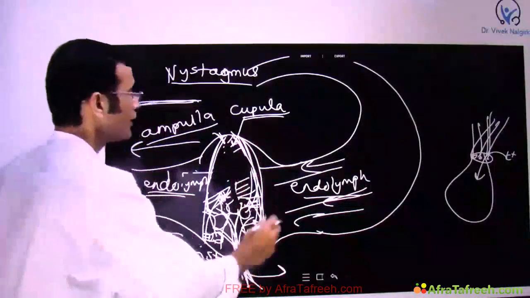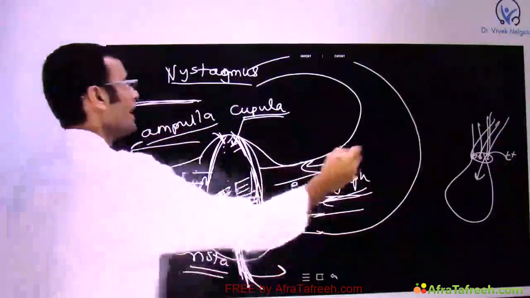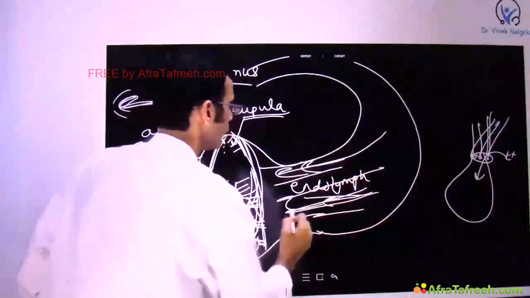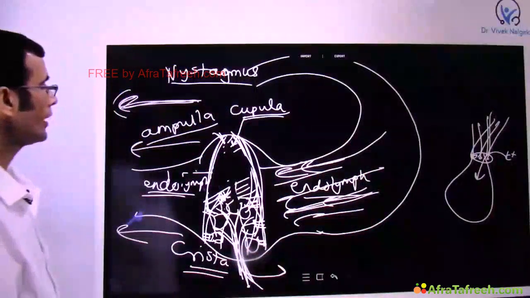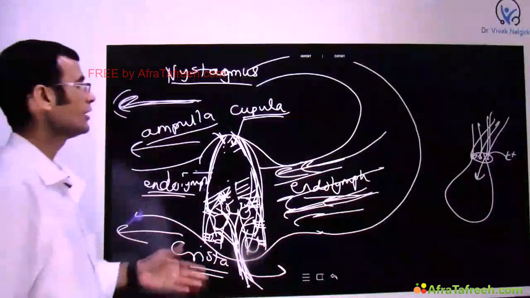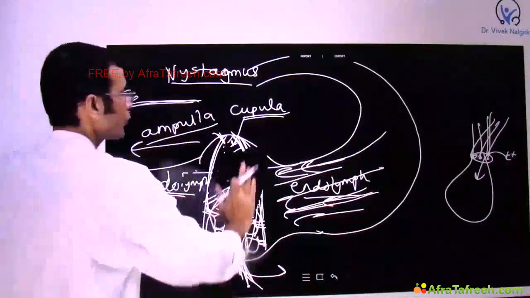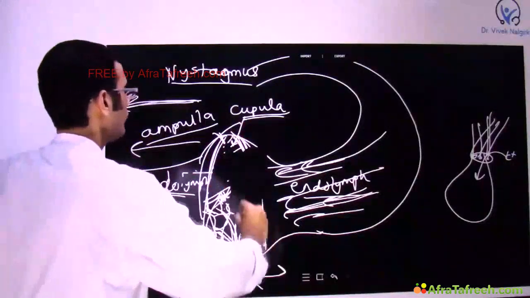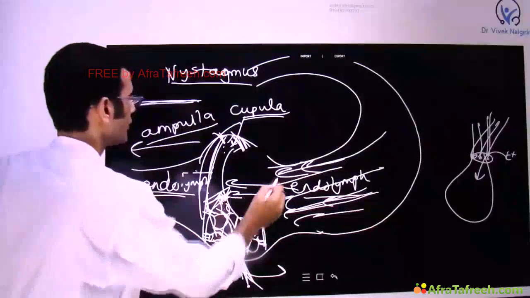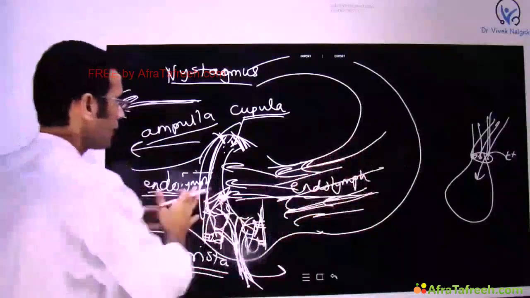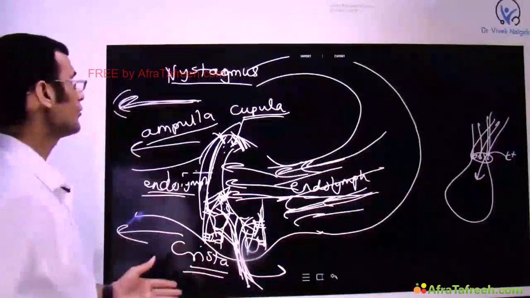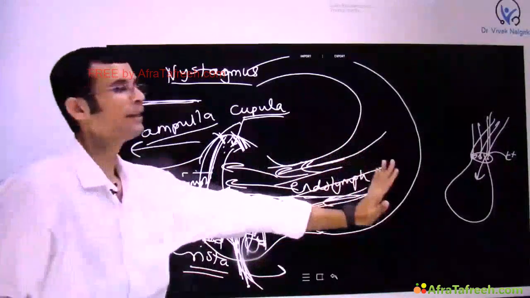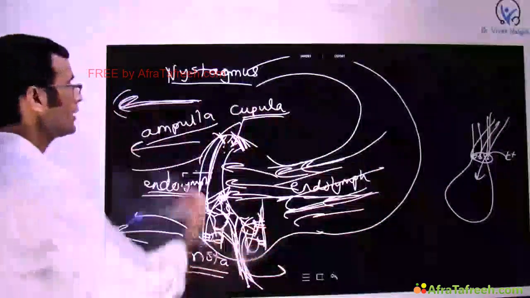Now the semicircular canal has stopped, but endolymph continues to move for some time in that same direction. And now therefore cupula will bend in the opposite direction. Initially when the head started rotating, the cupula was bending like this because the head was going like this.